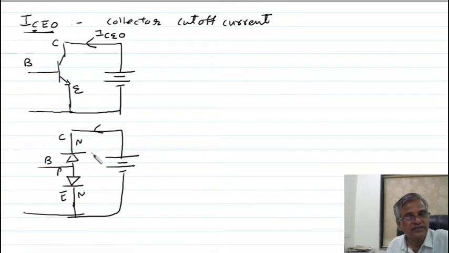So listen, when collector is kept in reverse bias and base is kept open circuited, then the reverse bias leakage current flowing from collector to emitter is known as leakage current ICEO, or it is called collector cutoff current ICEO.